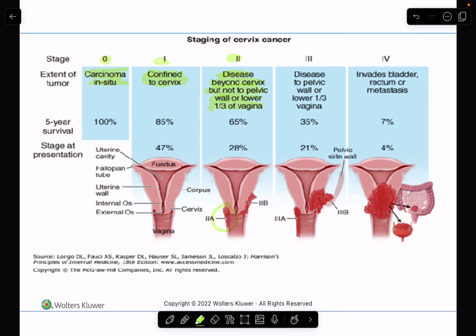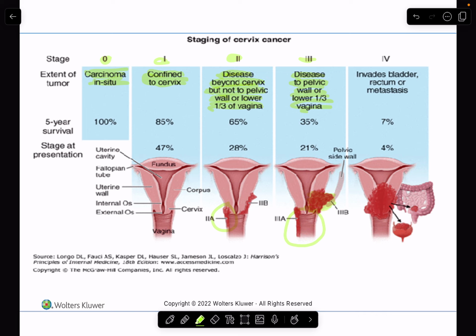And in stage 3, the cancer has already reached not just the uppermost portion of the vagina, but the lower one-third of the vagina is also already affected. That is stage 3 cervical cancer. And of course, ang mahirap din dito is even the pelvic wall is already affected.